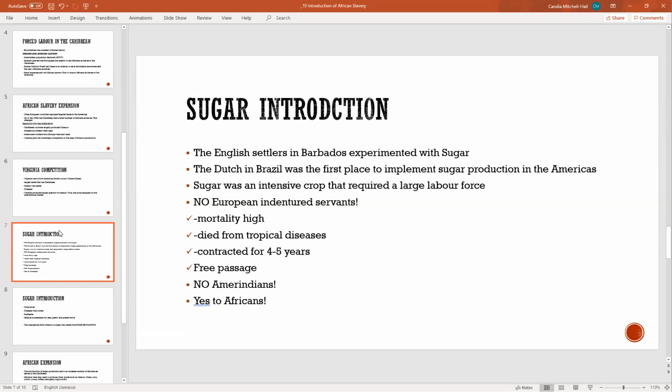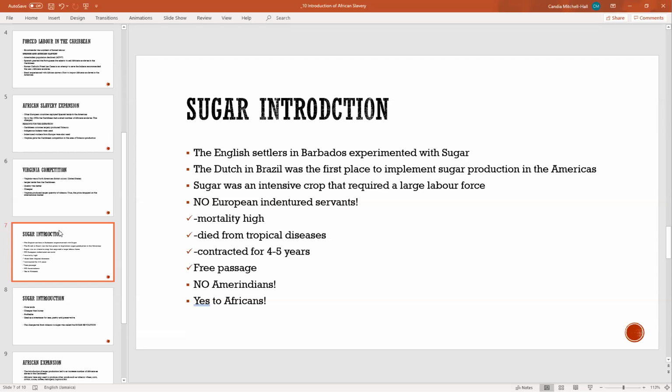The European indentured servants who worked on the tobacco fields, a lot of them also had a high mortality rate. They would have died from tropical diseases. Some of them were on contract, like 4 to 5 years. These were white persons on contract.